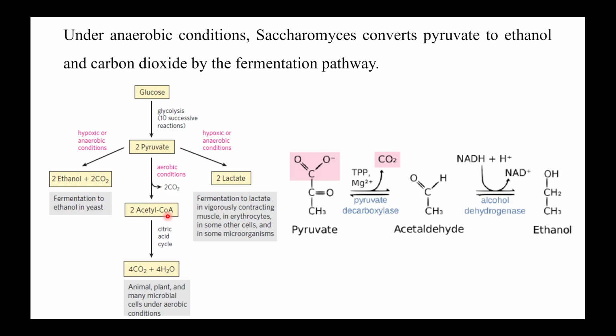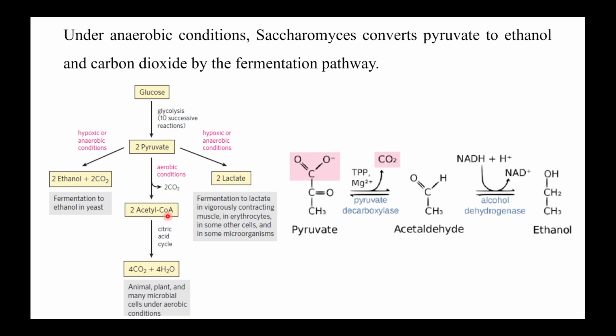But in case where the oxygen is not present, there can be two scenarios. So the first scenario occurs in yeast under anaerobic condition, it converts the pyruvate into ethanol and carbon dioxide.